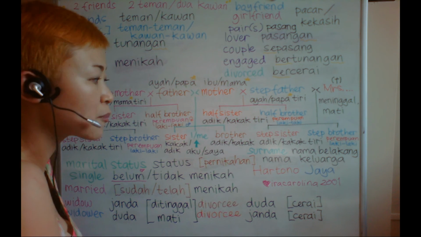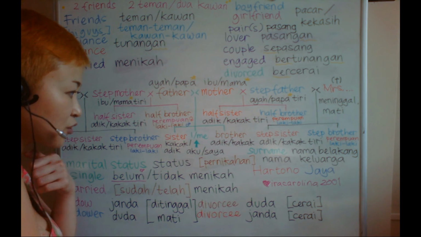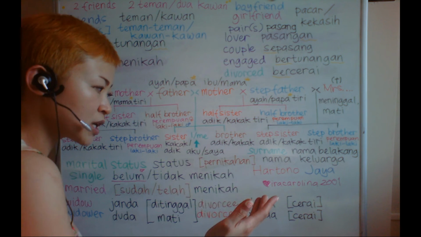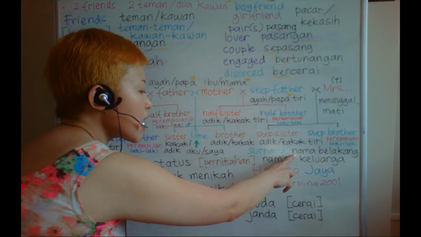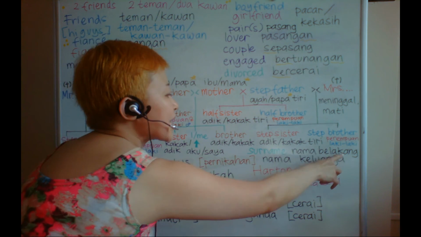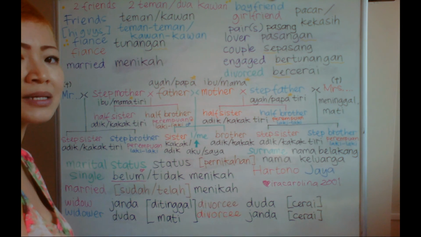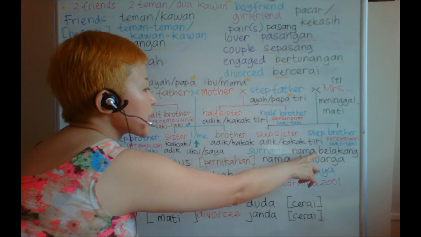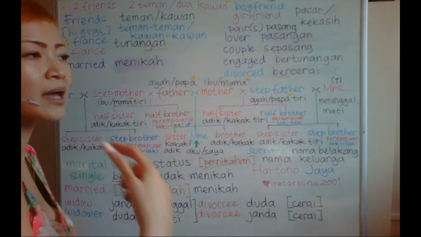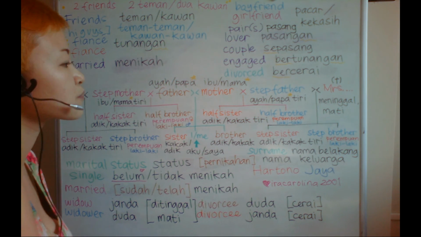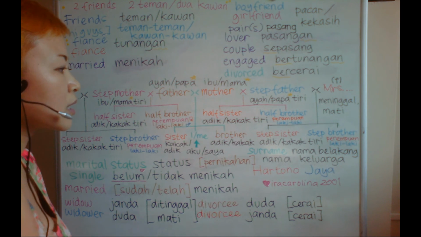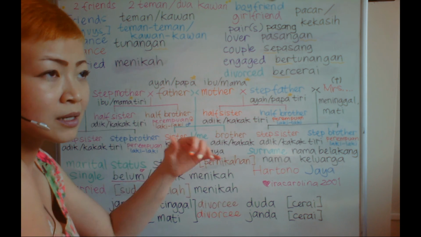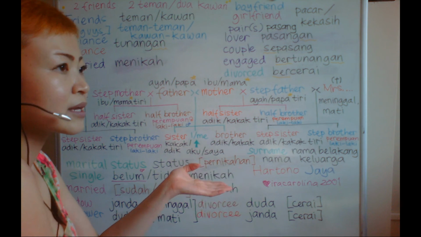Keluarga is family. But in Indonesia, surname is more into nama belakang. Belakang is back, but we can say last name.